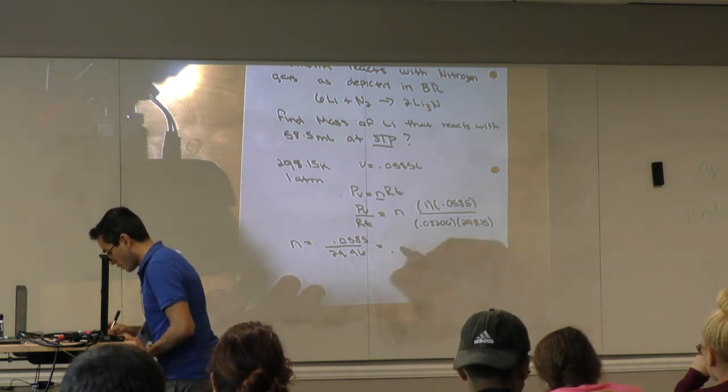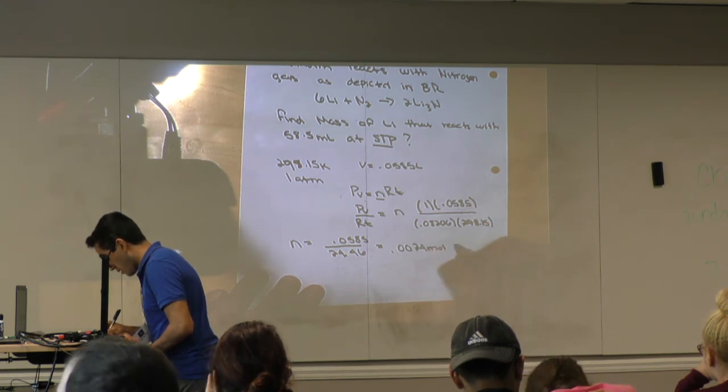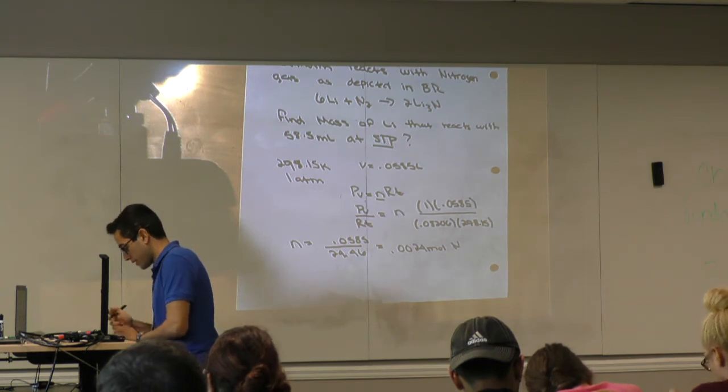So you get 0.0024 moles of nitrogen, in this case N2.